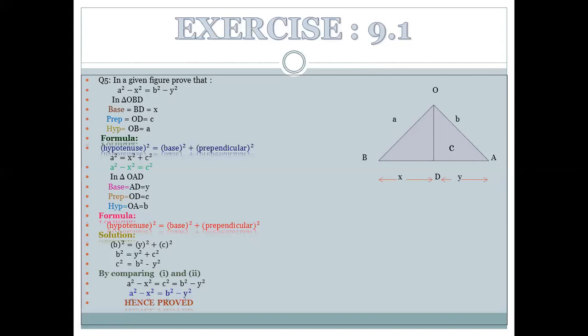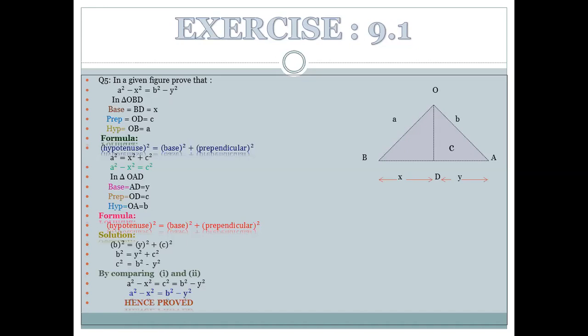And the condition is given to us that we will prove that a square minus x square is equal to b square minus y square. They already labeled the diagram with the variables. OB is A, OD is C, OA is B, BD is X, and DA is Y. So first we solve the first right angle triangle, which is OBD.